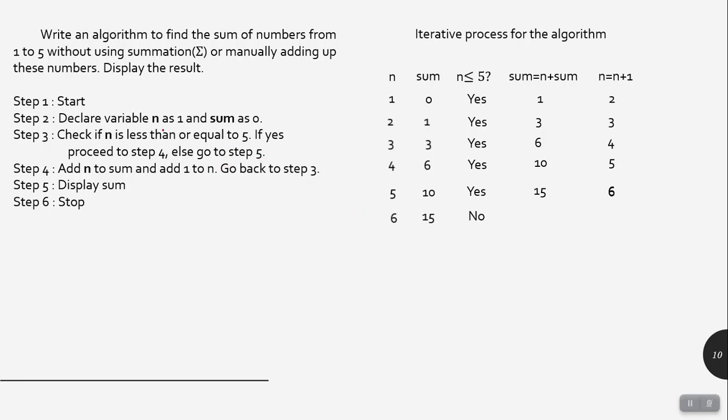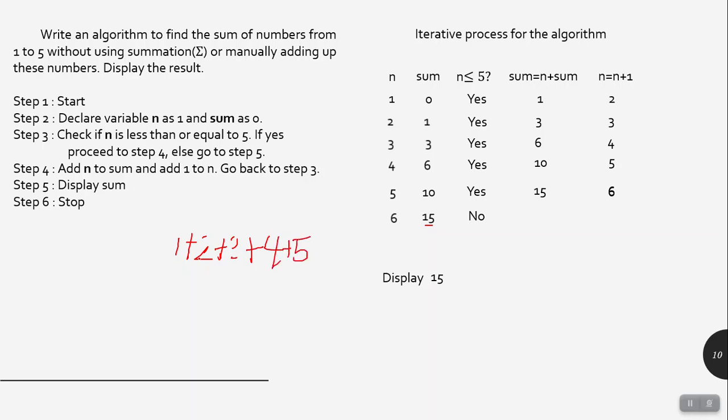So this is how the loop has terminated. And then in our step 5, we will display the sum. And what is the last value of sum? That is 15. So if we check 1 plus 2 plus 3 plus 4 plus 5, it would result to 15.